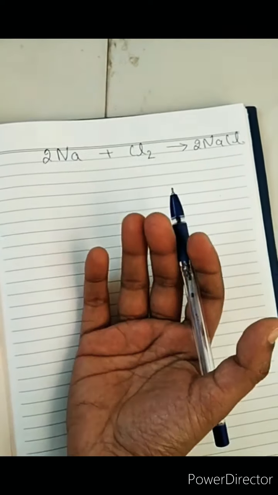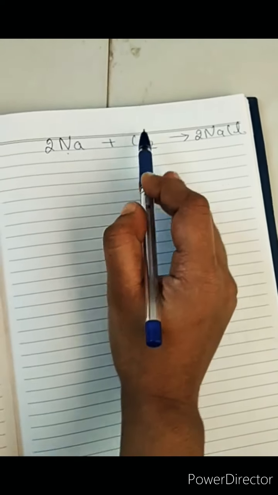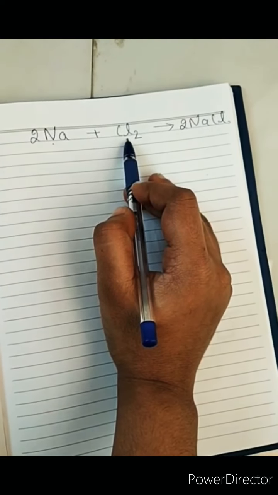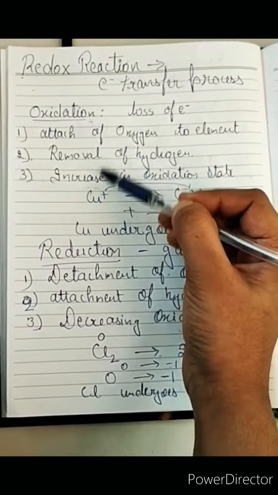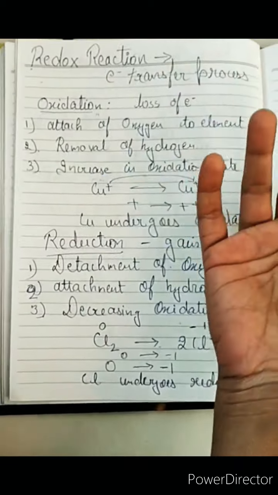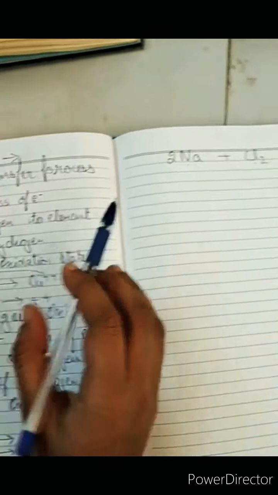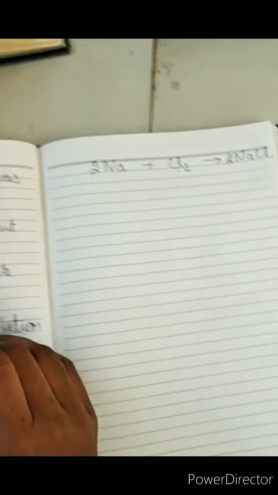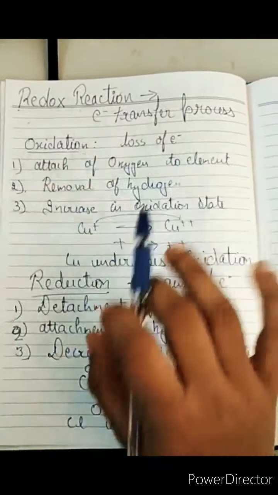So how can we say whether sodium undergoes oxidation or reduction, or chlorine undergoes oxidation or reduction? So we have to follow these three parameters. For example, oxidation says attachment of oxygen to element. So there is no oxygen in this, so it means this first definition is not applied in this equation.